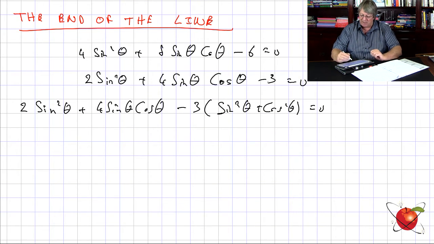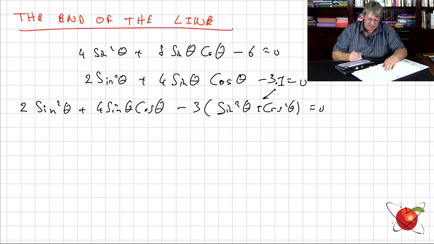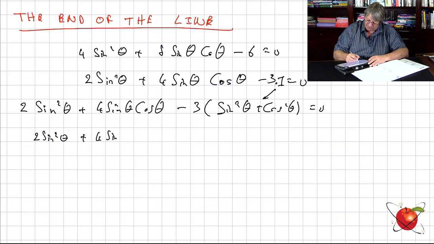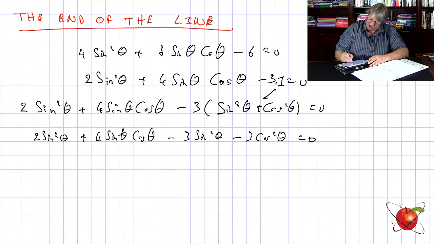I have replaced that times 1 with the square identity. This gives us 2 sine squared theta plus 4 sine theta cos theta minus 3 sine squared theta minus 3 cos squared theta equals 0.